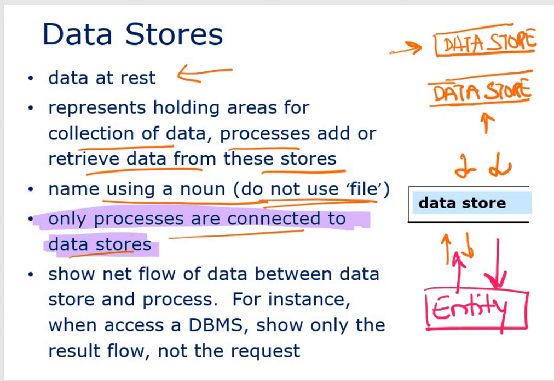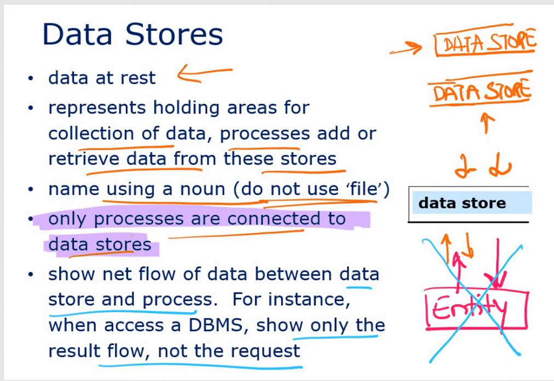That is not at all possible. This thing is not at all possible. Show the net flow of data between data stores and processes. For instance, when access a DBMS, show only the result flow, not the request.